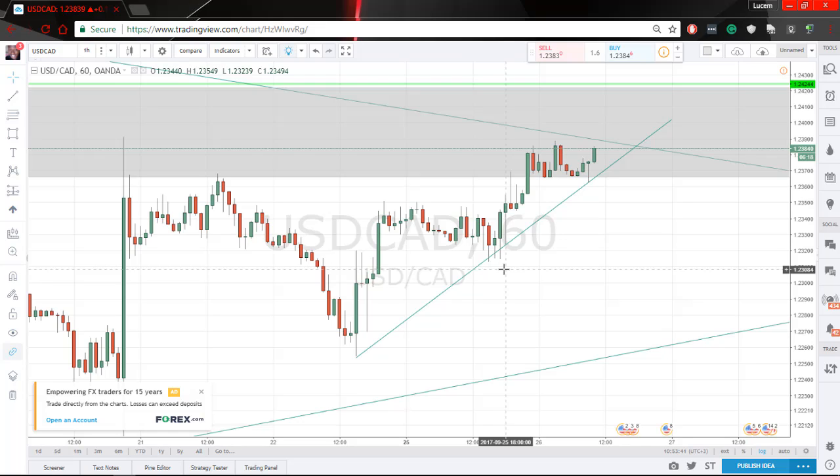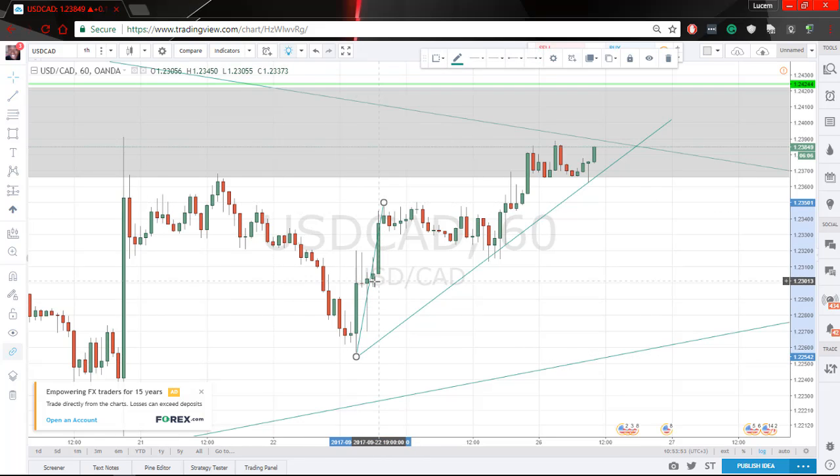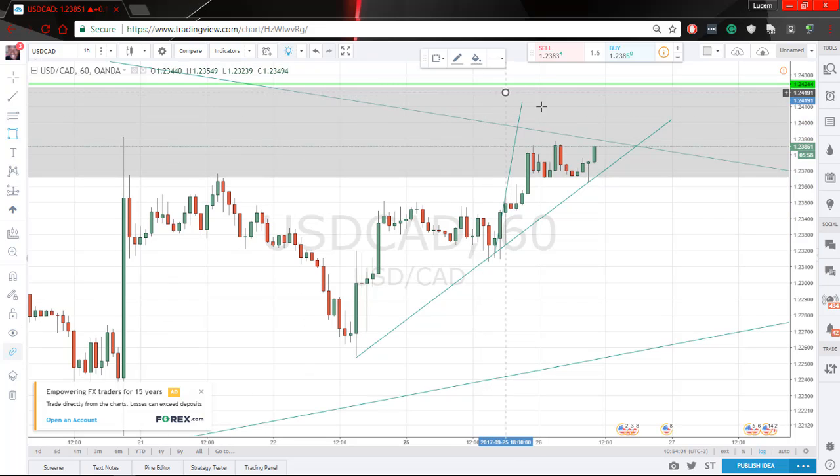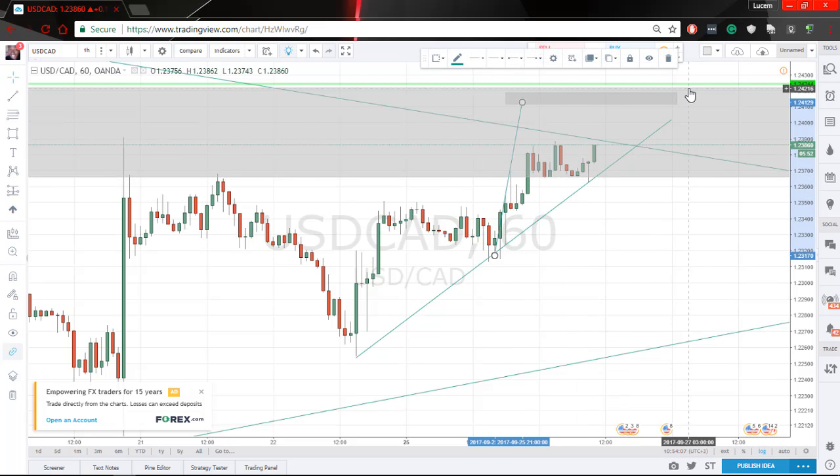As for me, with this kind of trends, they tend to replicate. Let me show you. So from this point to this point will be equal from here to here. Alright, so we can have this zone as the next where the market will hit. So that's something I just observed.